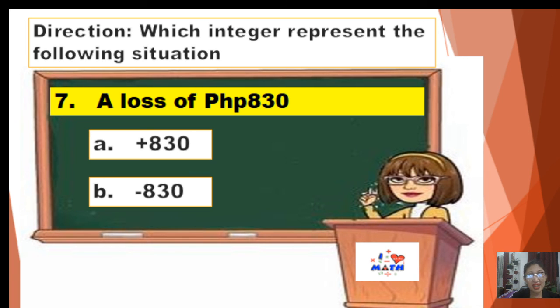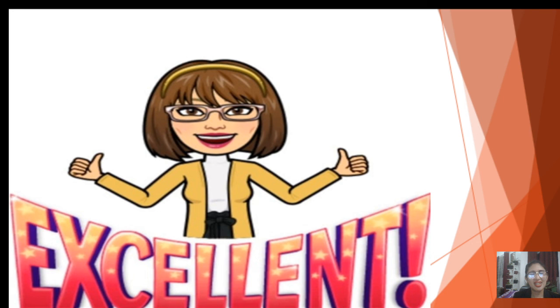A loss of 830 pesos. So how are we going to represent that? We have A, positive 830 or B, negative 830. The answer is negative 830. Very good. You are all excellent.